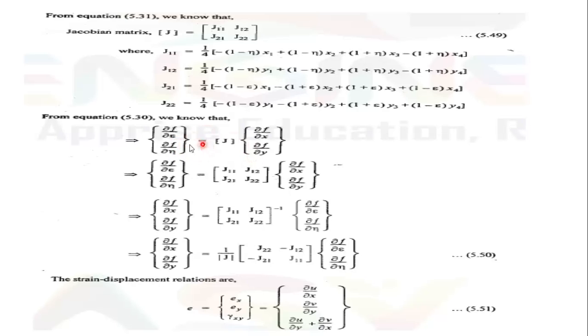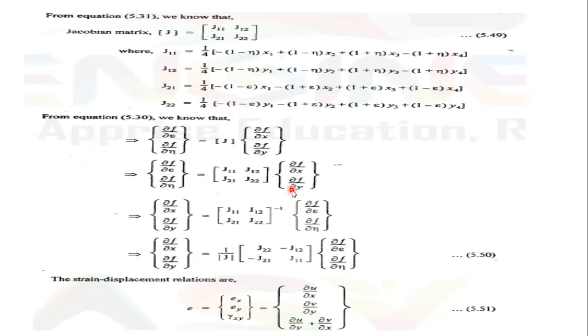Here we have x and y in terms of eta and zeta, but we require x and y, that is, we have to convert into global coordinates. So for ∂f/∂x, I just interchange the values, and then we get the J matrix changed into J inverse.